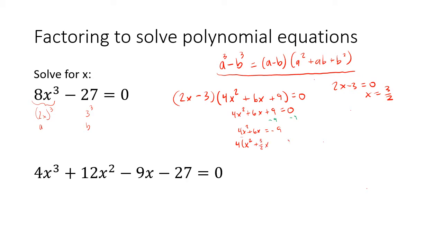And then I'm going to leave a little space because I want to complete the square inside these parentheses. In order to do that, I need to look at this middle term of 3/2 and divide it by 2. 3/2 divided by 2 is going to be 3/4. But then I'm going to need to square that. We get that from the idea that (a plus b) quantity squared is equal to a squared plus 2ab plus b squared.